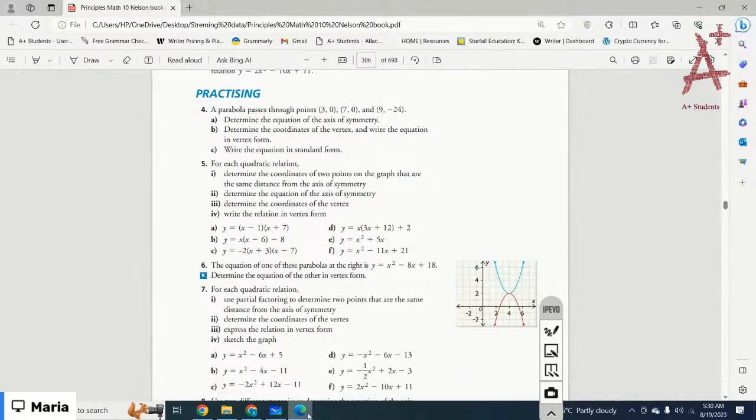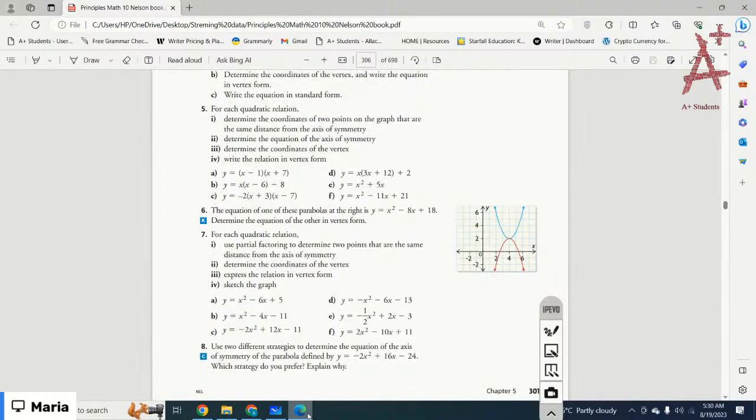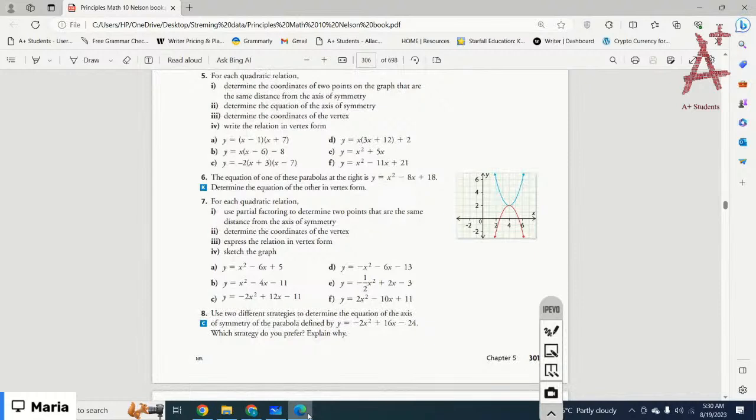Okay, the next one is question number 7. For each quadratic relation, use partial factoring to determine 2 points that are the same distance from the axis of symmetry. Determine the coordinates of the vertex.